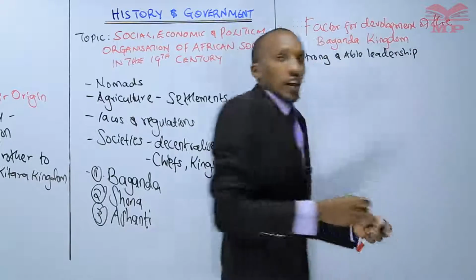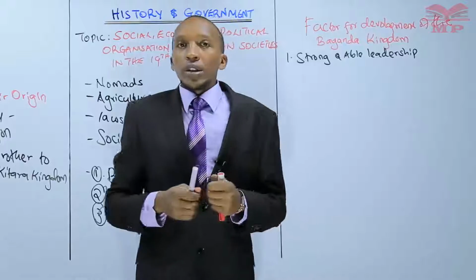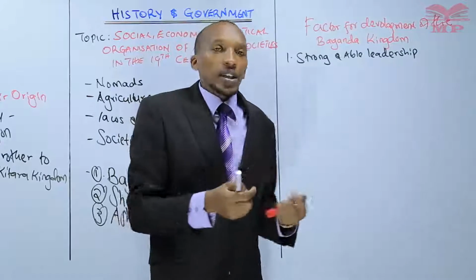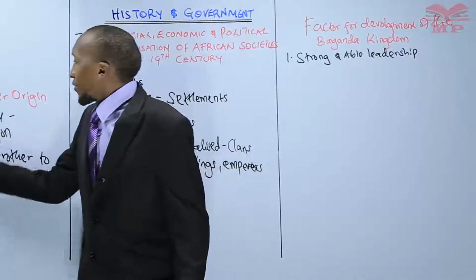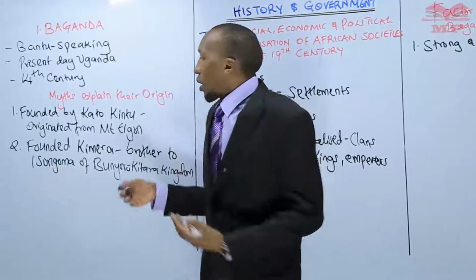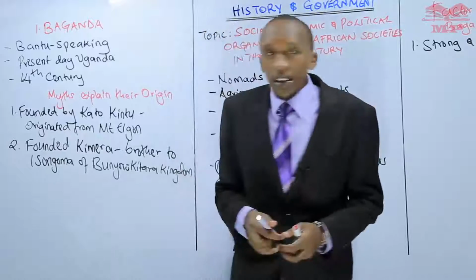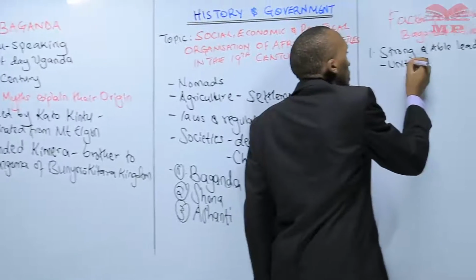With the development of this society, different leaders arose and led the people. From these different myths, it means that there were leaders who were able to unite the people. It acted as a uniting factor.